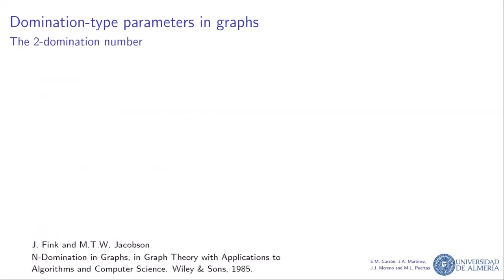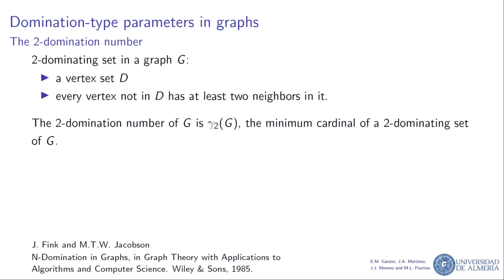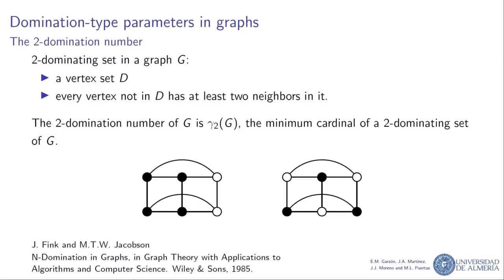You can find in the literature a lot of variations of this definition. For instance, the 2-domination number. A 2-dominating set in a graph G is again a vertex set D such that every vertex not in D has not just one but at least 2 neighbors in it. And the 2-domination number, which is called gamma 2 of G, is the minimum cardinal of a 2-dominating set of G. Again, a couple of examples.